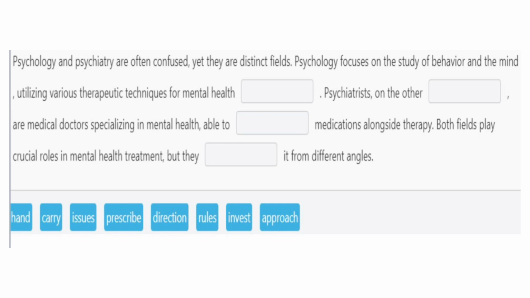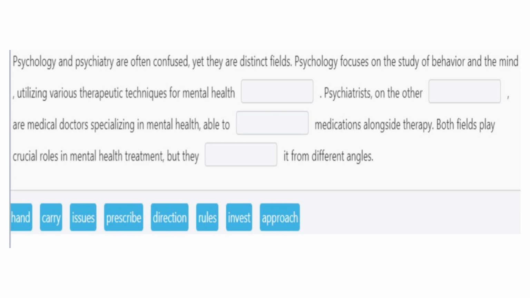Continuing forward: On the other hand, are medical doctors specializing in mental health able to dash medications alongside therapy. Are able to, "to" has to be followed by V1. We have invest, approach, prescribe and carry.